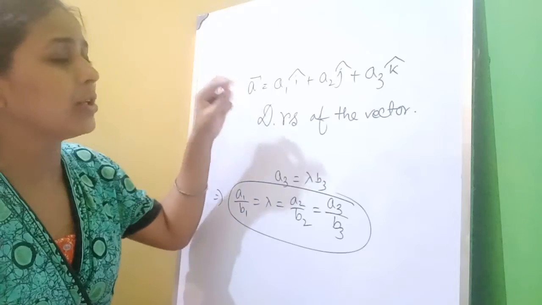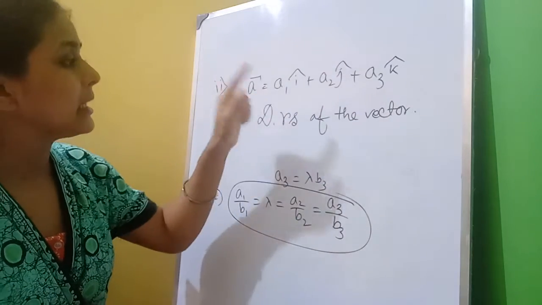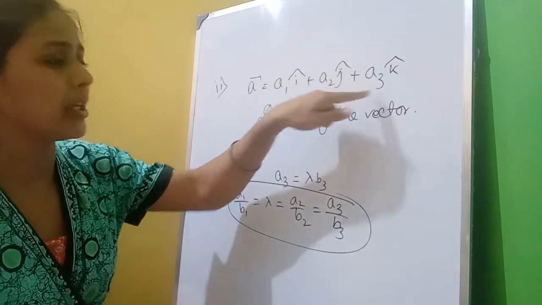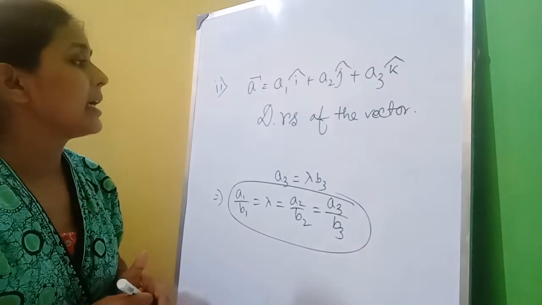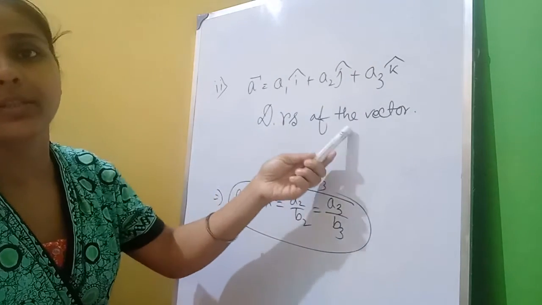If it is in normal vector form, then scalar components represent direction ratios of the vector.